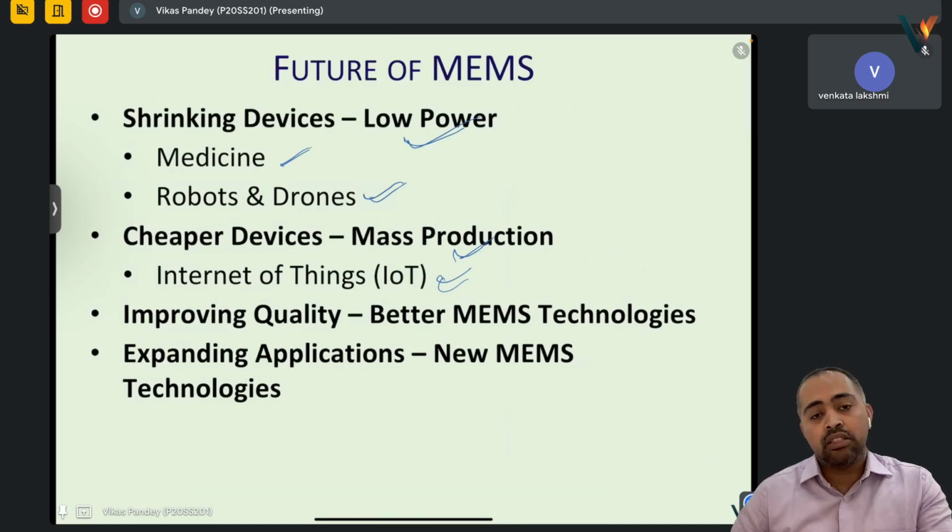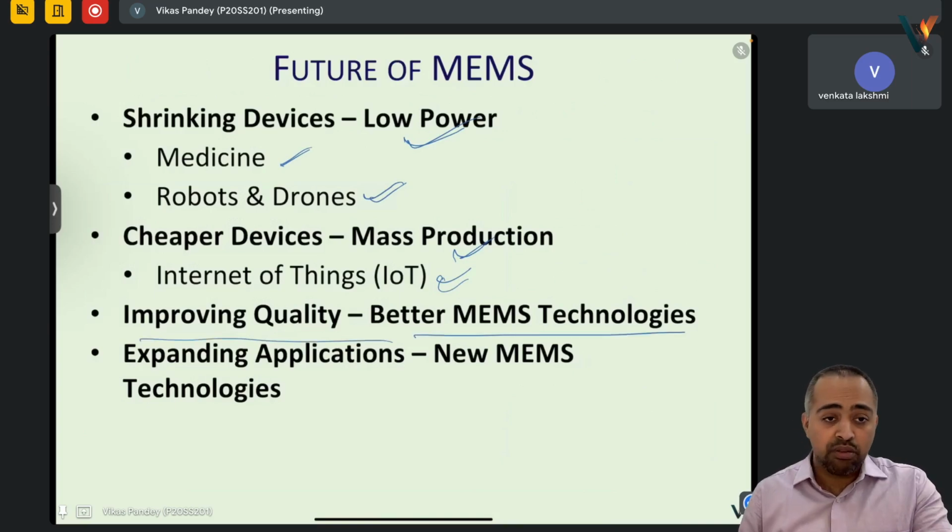We are seeing continuously improving quality and better MEMS technology, and a variety of MEMS applications growing nowadays. Some of the applications, like I said, the projector advancement, you might have seen in your lifetime. And forget about lifetime, we have seen it very recently.